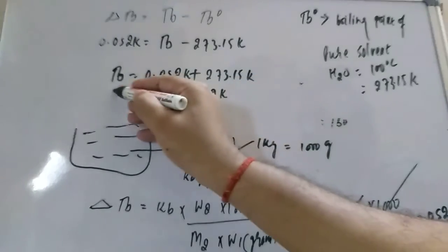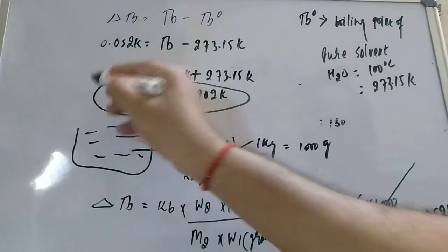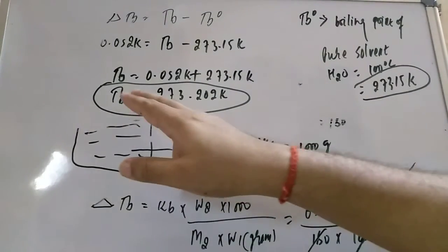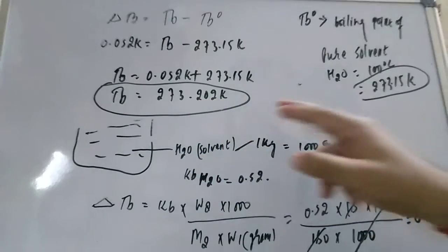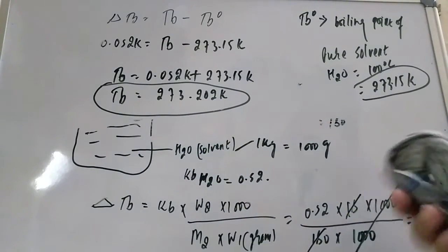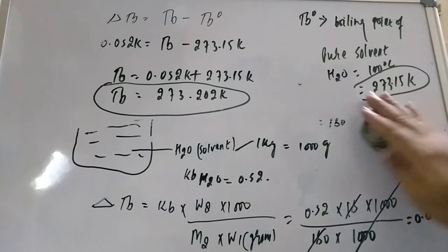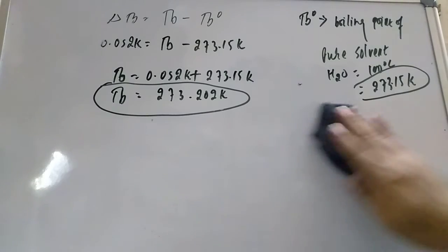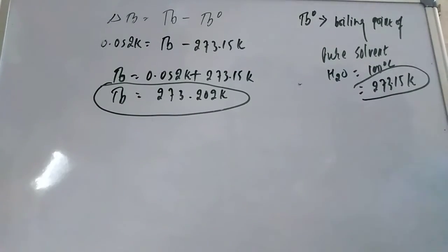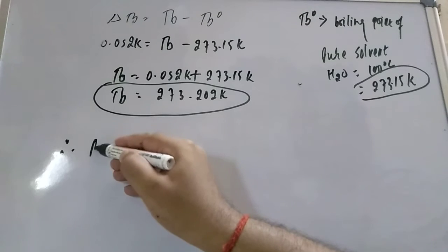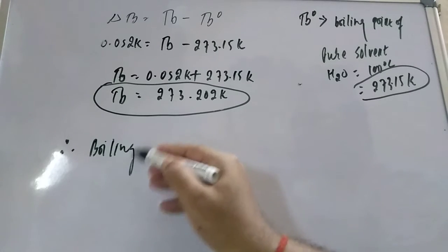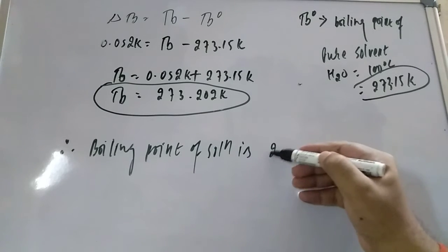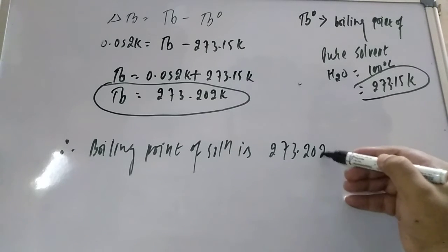So if you are adding, student, you will get 273.202 Kelvin. Initially water is boiling at 273.15. Now water in the solution will boil at 273.202, a little higher, student. How much? The temperature increases by 0.052 Kelvin. Now here we can write, therefore, the boiling point of solution is 273.202 Kelvin.